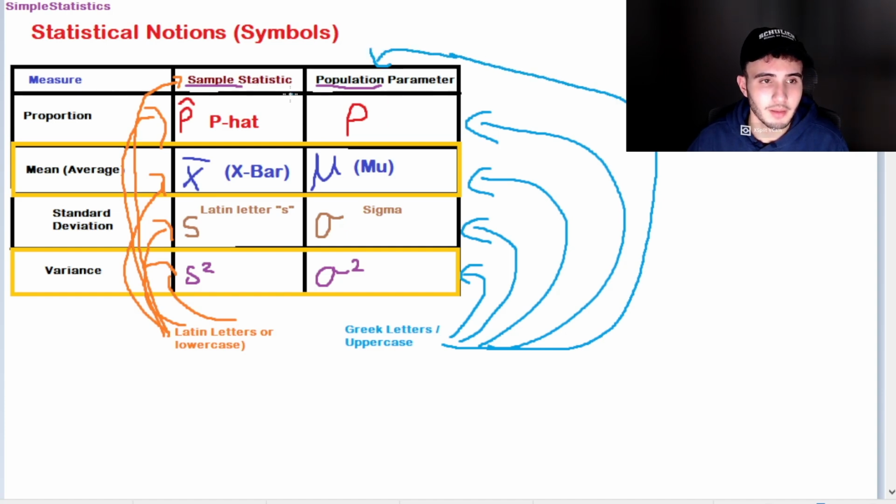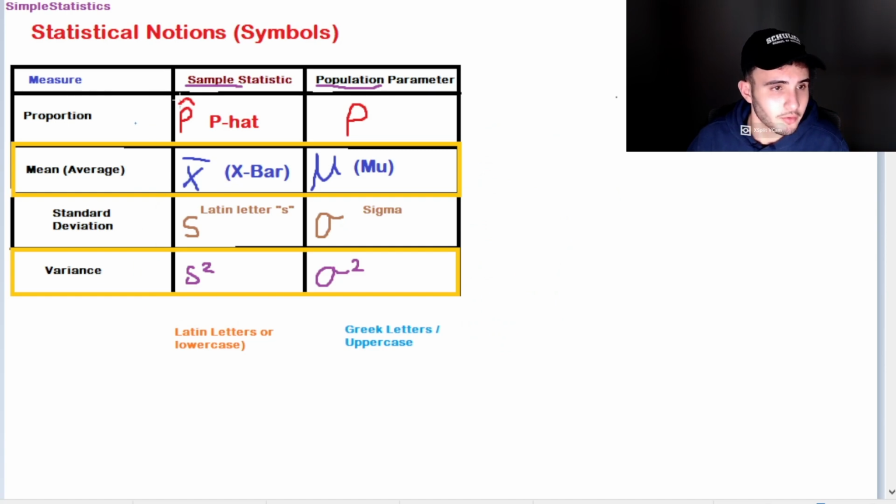Once again, going over, we have two types of notations for different data types.